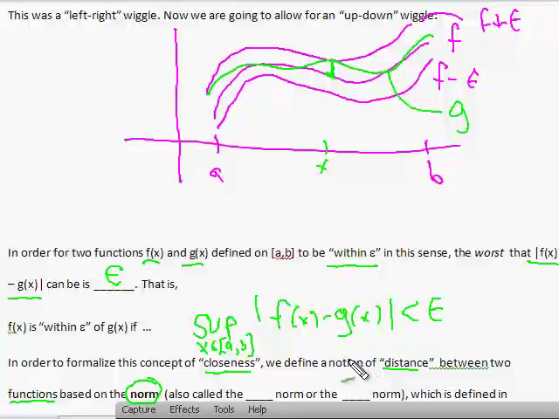This particular norm that we're going to be defining, Howie just calls it the norm. It's also called the infinity norm, or the sup norm. There are other norms that you use with functions. That study is called Banach spaces. We won't be getting into that.